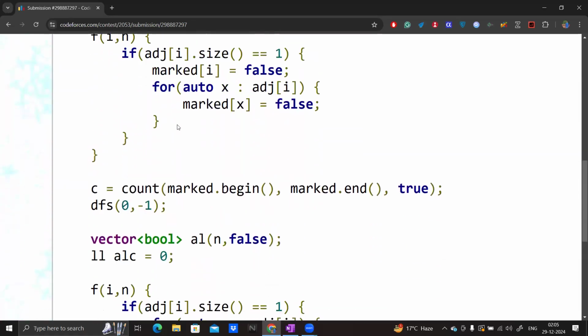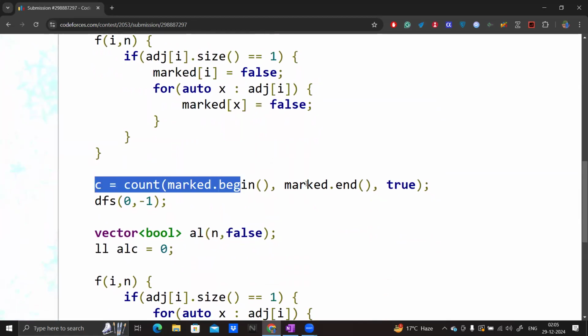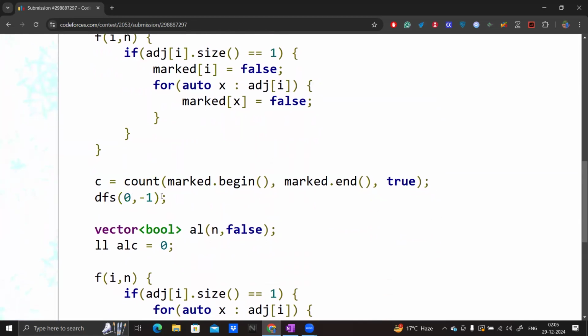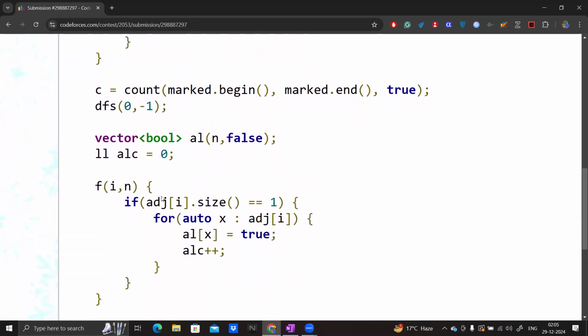So basically, mark contains all the nodes which are not type 1 or type 2. Then c is the number of nodes which are not type 1, type 2. Ignore this thing. Then we have adjacent to a leaf, that is type 2. This stores type 2, and this is the count of type 2.